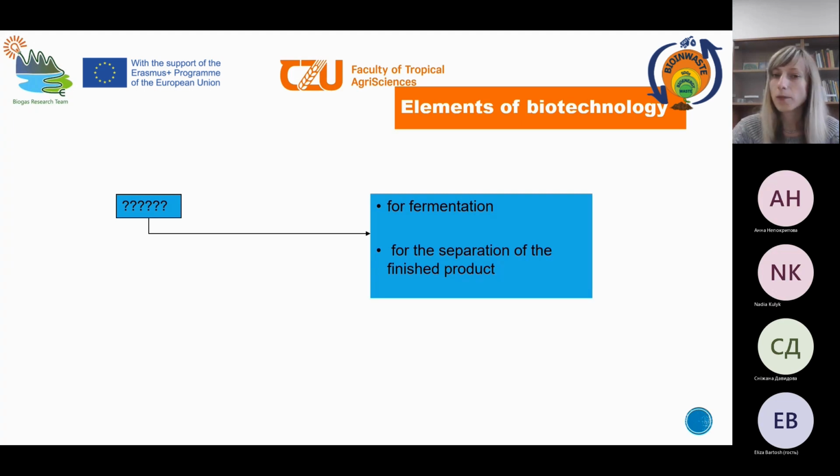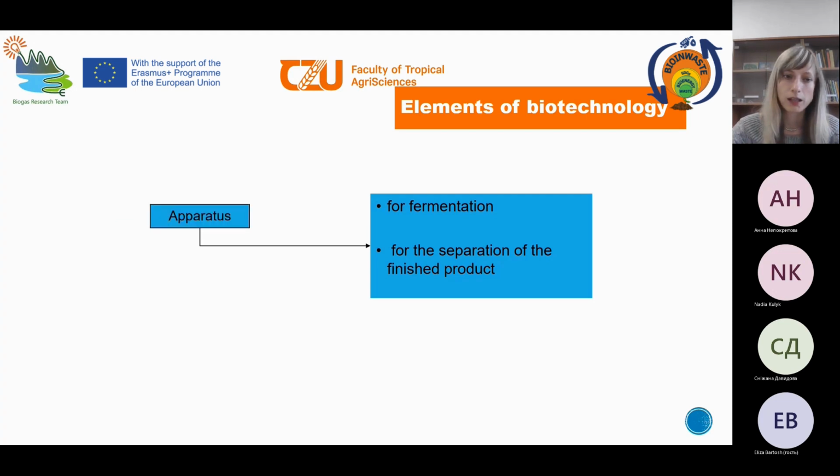It can be some elements of biotechnology without which we cannot mention how we provide this biotechnology: apparatus, equipment, such as bioreactors, because we need such equipment and apparatus for fermentation and for separation of the finished products. Please involve it in our task and write in chat what, in your opinion, the elements are that we check now.